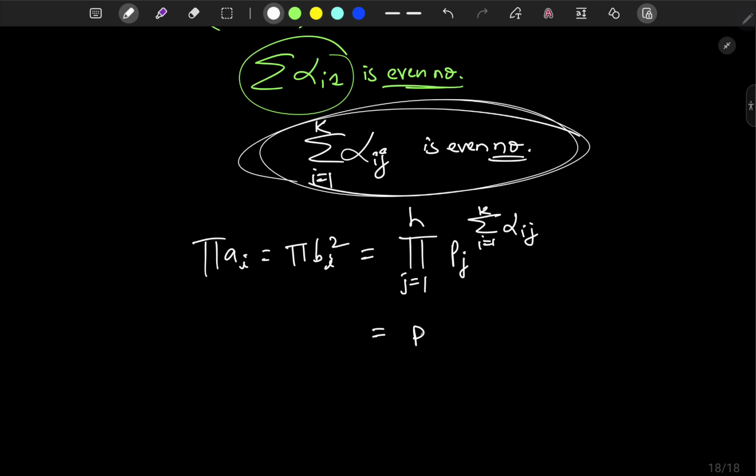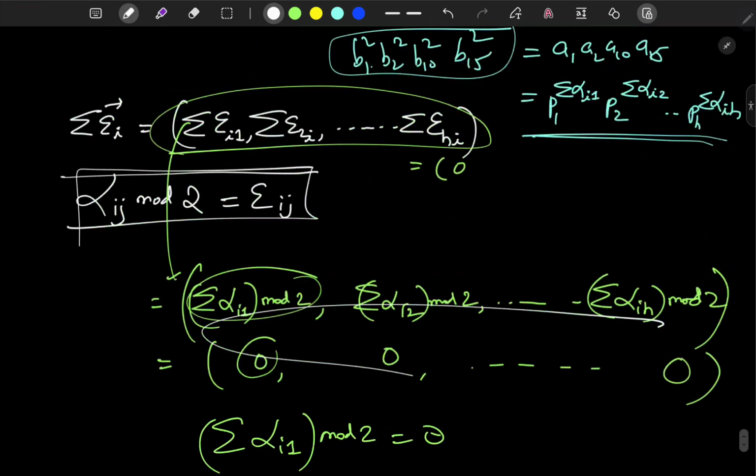Samjha? What I mean is p1 power sigma alpha I1, where I runs from 1 to k, into p2 power sigma alpha I2, and so on. So some dirty things.